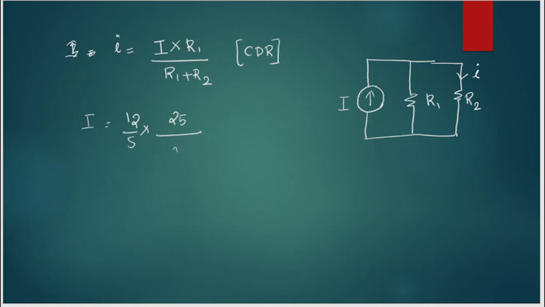Okay, the total resistance, that is 25 plus 100. So we will get 12 into 5, that is 60, divided by 125. That is equal to 0.48 ampere. This is the current through the 100 ohm resistor.